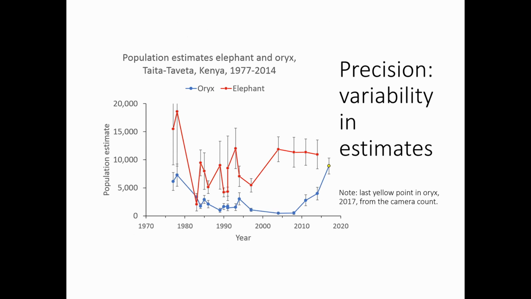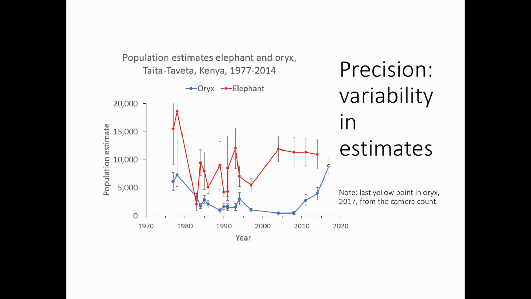Now, not only that, you have issues of precision, variability in the estimates. I showed you how with those different transects, if you have high variability in the numbers, lots of zeros, and then lots of hundreds and 50s and so on, you have a difficulty in the precision, your margin of error. This is an example from Tsavo over about 30 years of sampling.